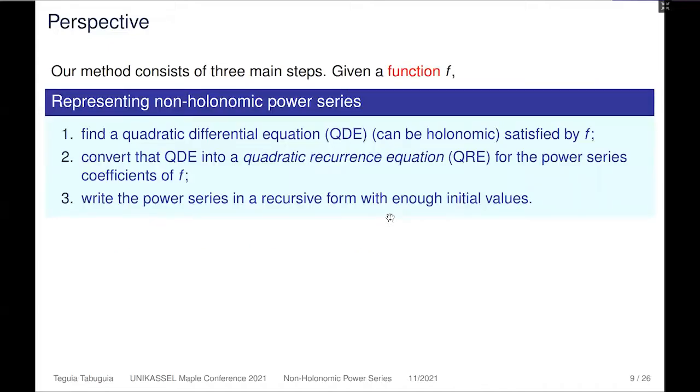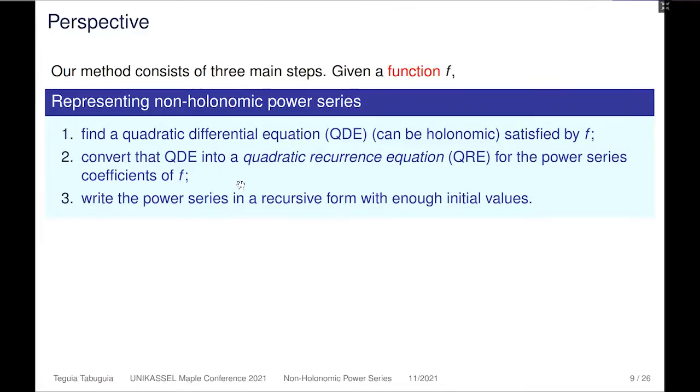Basically, here is how our method works. Given a function, the type of function we consider will be made precise in the next section, we find the quadratic differential equation, which can be holonomic, satisfied by that expression. We convert that quadratic differential equation into a quadratic recurrence equation for the power series coefficients.